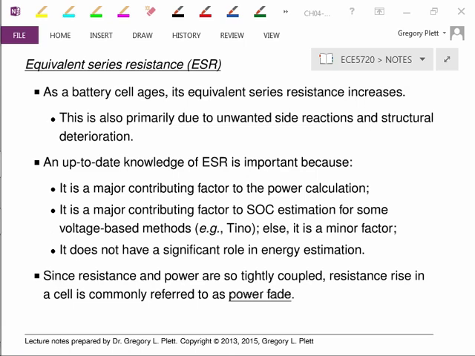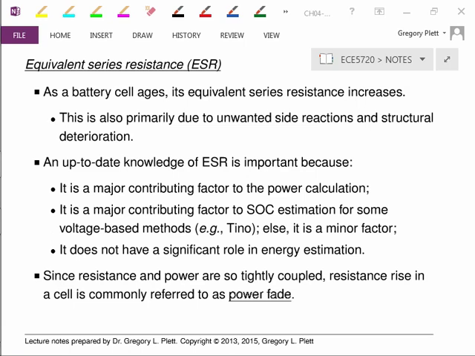So there's extra resistance. And the structural deterioration means there's less surface area out of which lithium can enter and leave the electrode active materials, so there's going to be a greater resistance and perhaps even a lower diffusivity some people have reported, which leads to a greater resistance also.